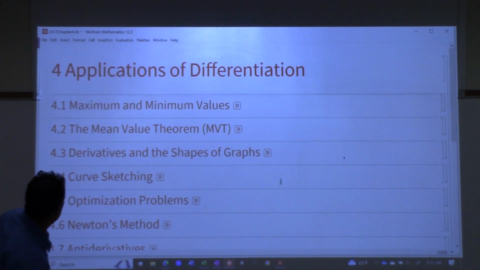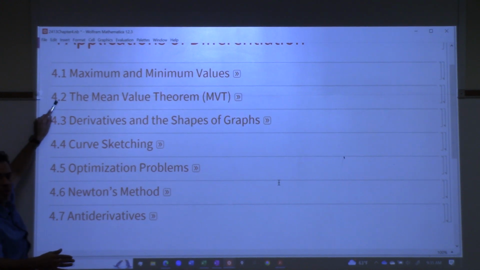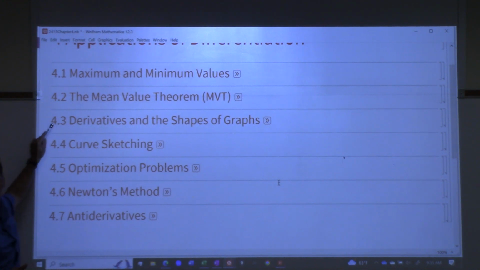So just to kind of recap, 4.1 was the closed interval method. 4.2, we took a little detour, and I talked about the mean value theorem, and then we came back on, started talking about the open interval method and how we can basically use the open interval method to figure out the shape of a graph, where things go up, concave down. Curve sketching, real briefly, we talked about it, said I'm not going to ask you to sketch curves, you're welcome. And then optimization, we've just touched on that, right? Done a couple of examples.